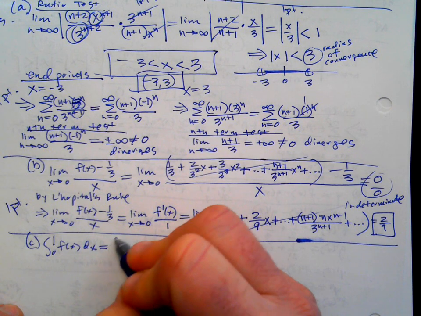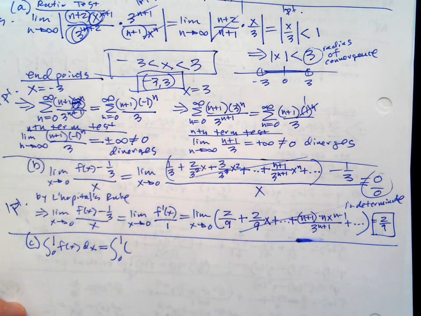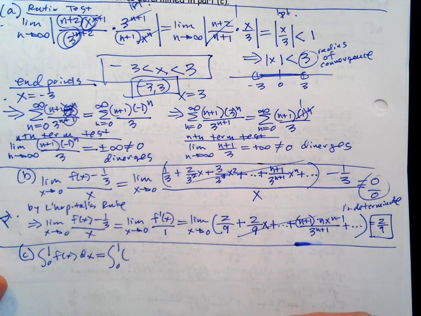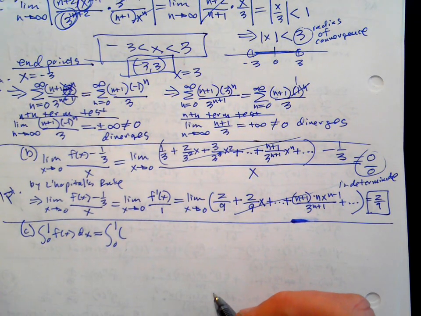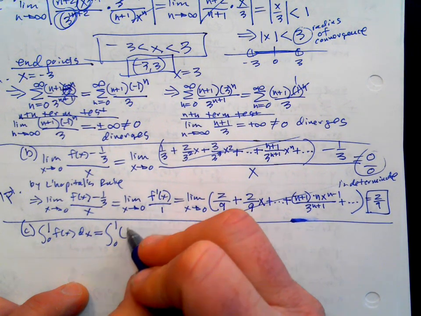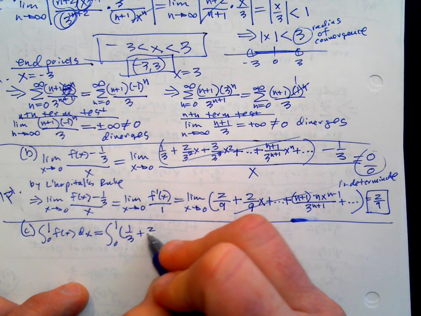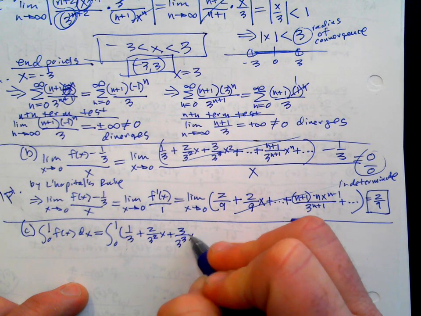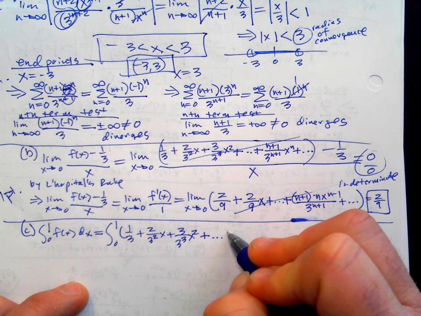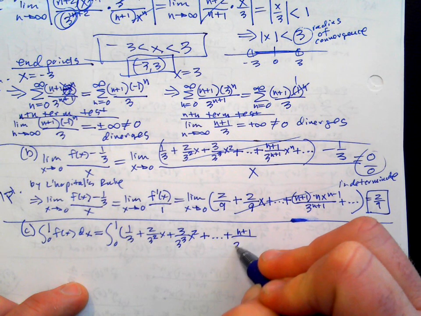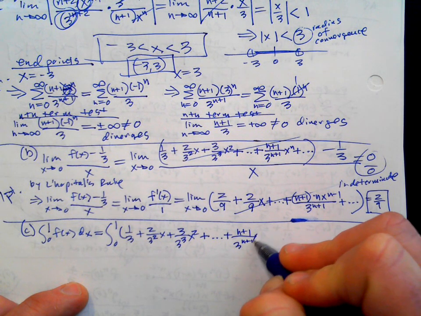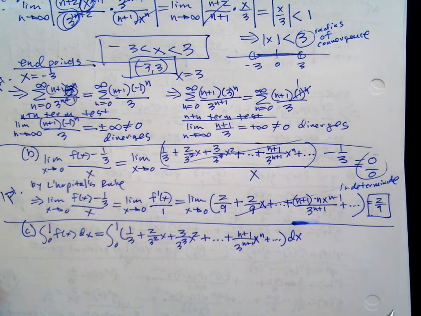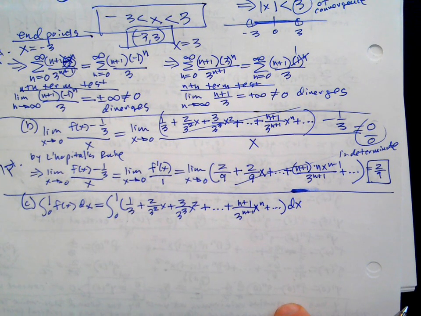And that's going to be the integral from 0 to 1 of 1/3 plus 2 over 3 squared x plus 3 over 3 cubed x squared plus ... plus n plus 1 over 3 to the n plus 1 x to the n plus ... dx, parentheses, the dx. Let's be thorough here.